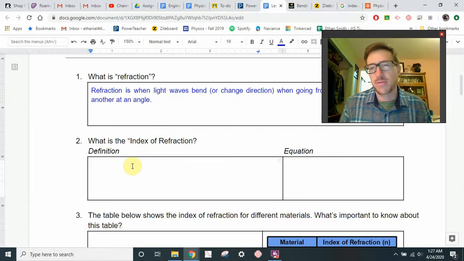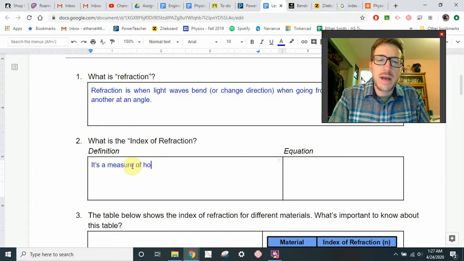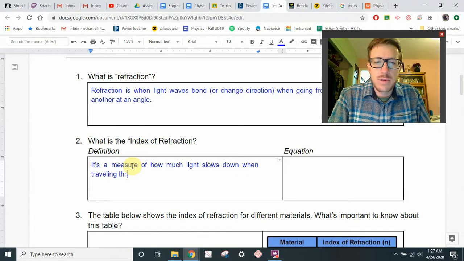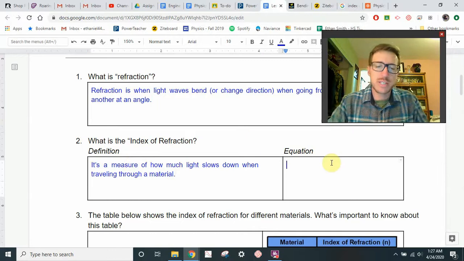So the index of refraction is a measure of how much light slows down when traveling through a material. And there's actually an equation that we can use to calculate it.